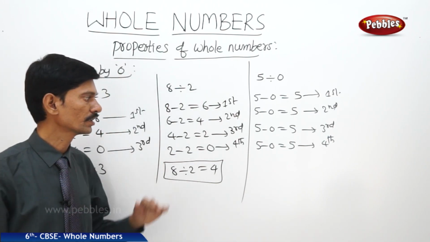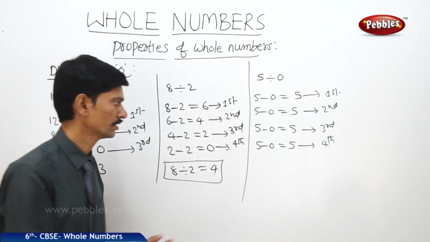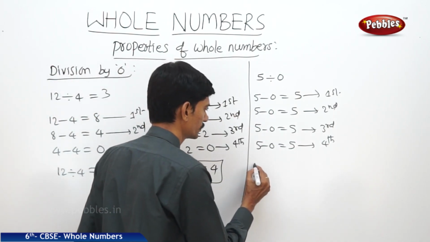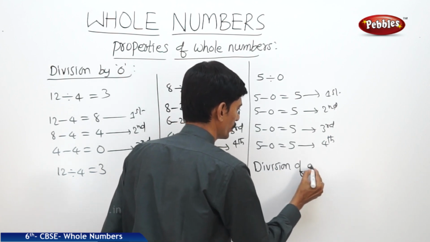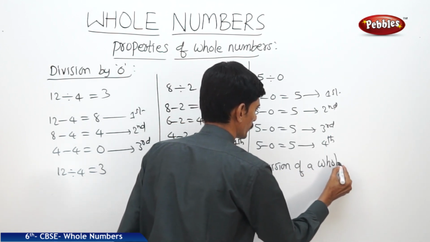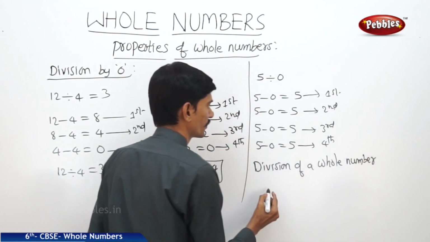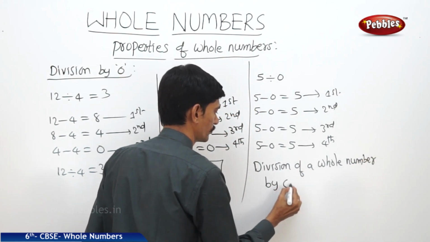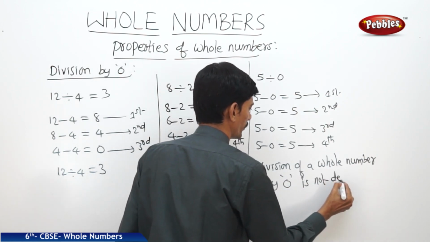So we can write that the division of a whole number by 0 is not defined. So we can write the conclusion as: division of a whole number by 0 is not defined.